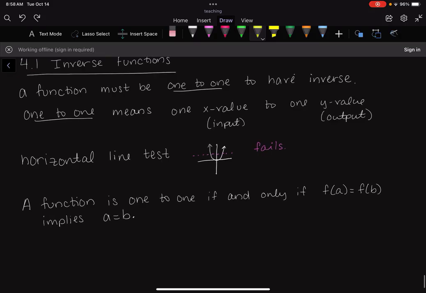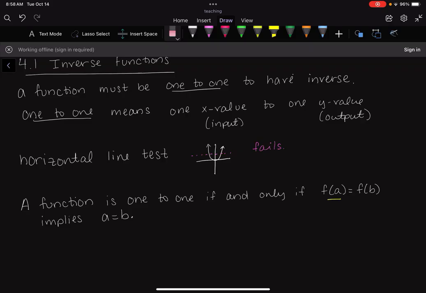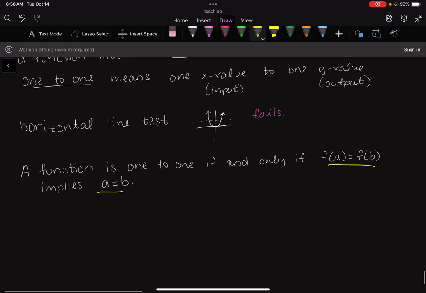So basically, if we plug in two different x values into the function, do we get that they are actually just the same x value? I hope that makes sense. I'm going to say it again. If we plug in two different x values, do we get that they're actually the same x value? And I'll show you what this looks like, of course.